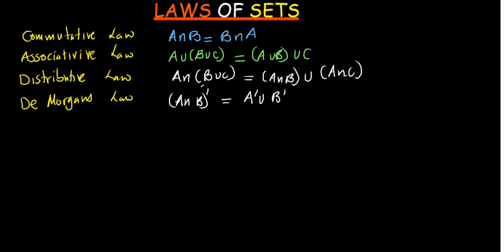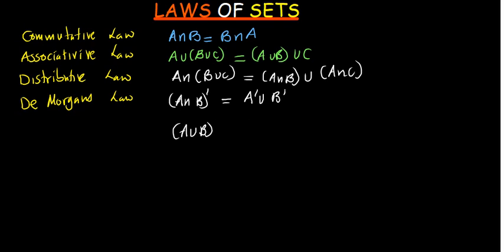We've distributed the complement to A and B. If they say state De Morgan's law for the union of two sets, then A union B complement gives you A complement intersect B complement. This is De Morgan's law for the union of two sets. This is De Morgan's law for the intersection of two sets, where you start with the intersection there. So hope that is okay.